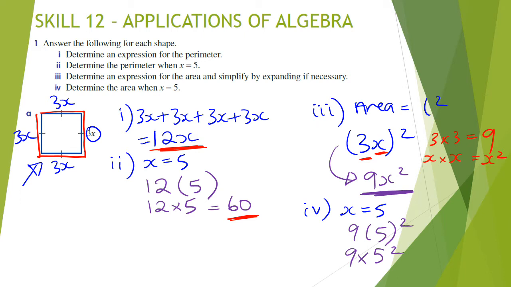So we need to do 9 times 25, which equals 225. Now again, we don't have meters or centimeters or millimeters given to us in this question, but if we did, we would need to put something like 225 meters squared to show that it's an area, and we measure area in squared units.